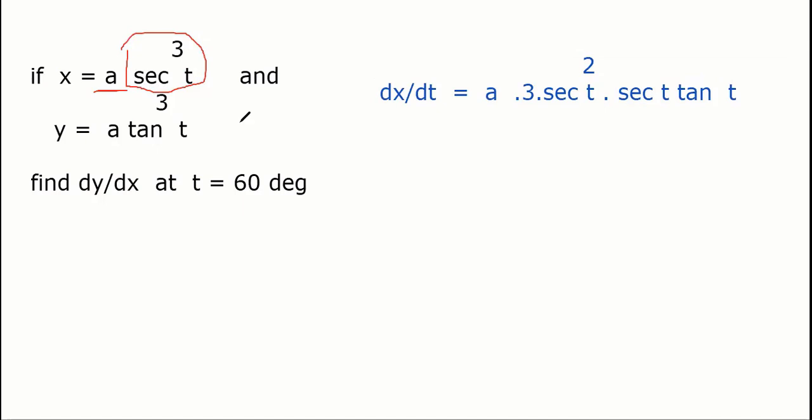But this is not the same function, so we differentiate sec t again, so we get sec t tan t. Perfect. Simplifying, dx by dt comes out as 3a sec cube t tan t.